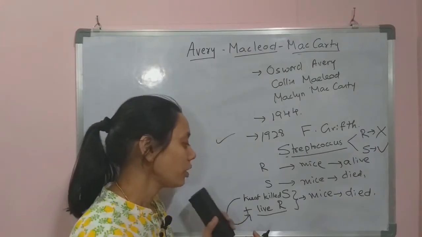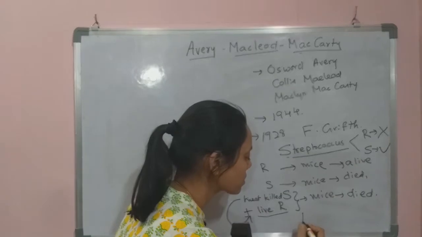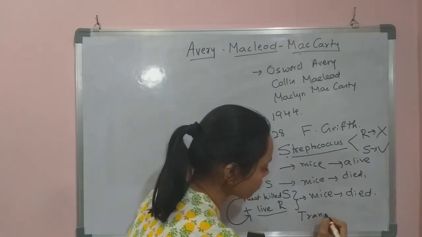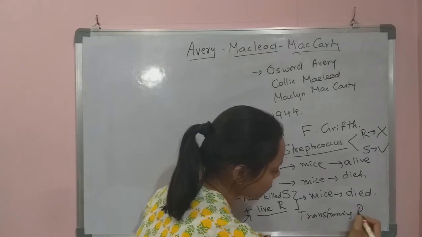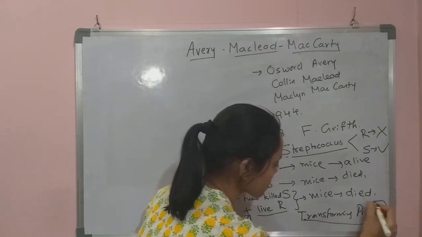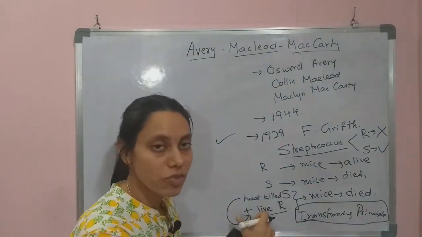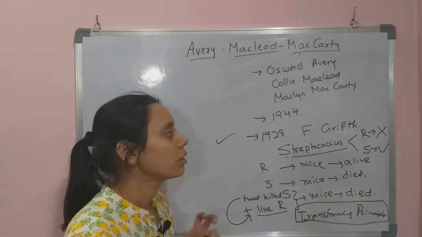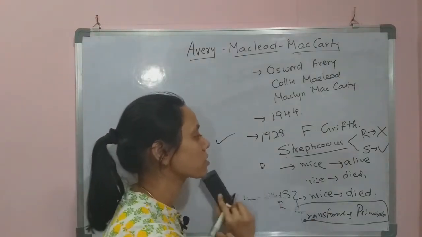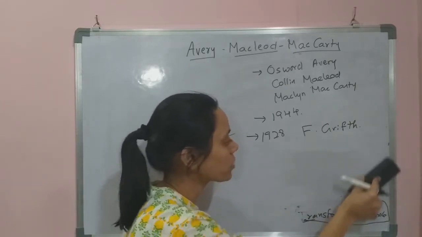So he concluded his experiments by saying that there is something called the transforming principle, responsible for the conversion of the R strain into a virulent strain. But Griffith never knew what exactly the nature of this transforming principle was.